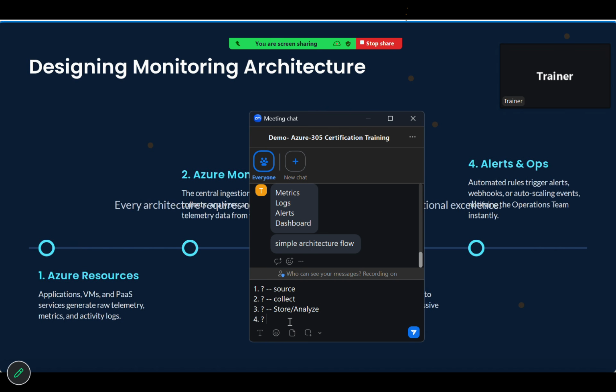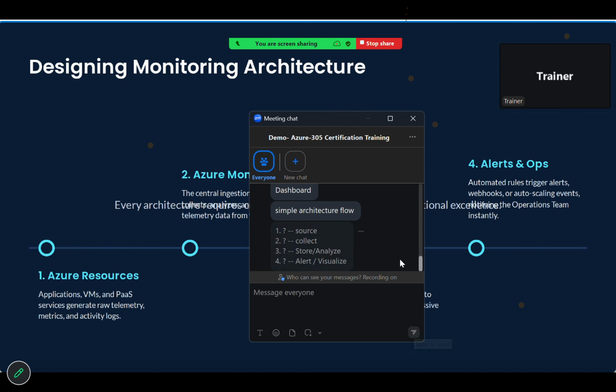And the fourth will be your alert and visualize. So the simple architecture: the first will be your source, second will be your collect, third will be your analyze, and fourth will be your alert and visualize.